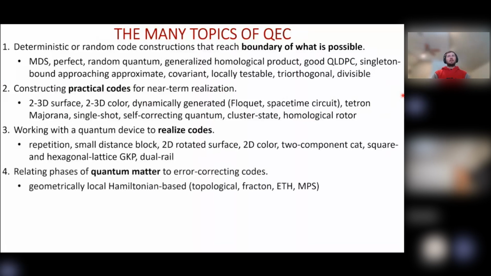And on that note, if you go deeper into the phases of matter and start to connect properties of quantum matter to error correcting codes, there's a lot more where that came from, not just topological order, which is probably the most useful for protection, but also Fracton order, the eigenstate thermalization hypothesis, and matrix product state phases, which can be expressed in terms of matrix product states even in 1D, where it's interesting to look at low energy states that have some kind of intrinsic protection that stems from the properties of the phase.